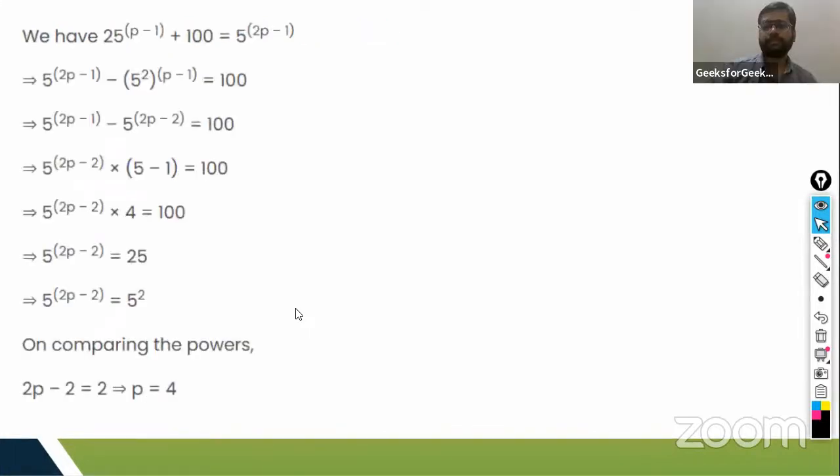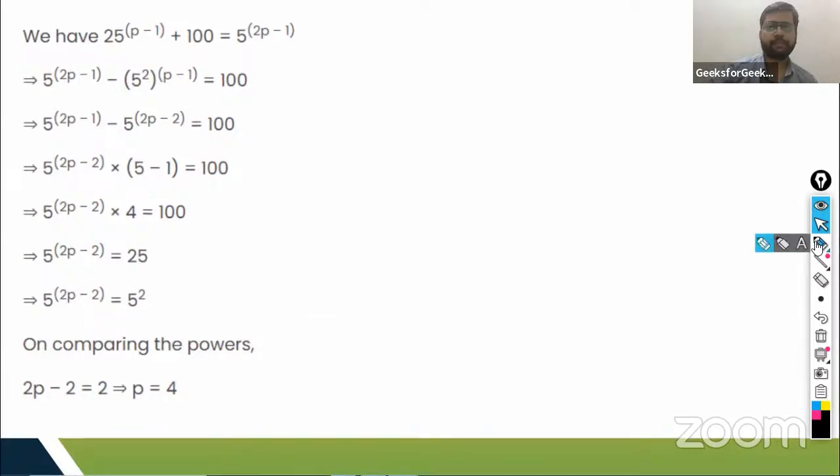We only have to do a small substitution in this. That's the small substitution I have to make. That's it. Now see, in the previous page, I have mentioned that step. Once you have done this step, 5 to the power 2p minus 2 and this one, how many of you can understand this step only?